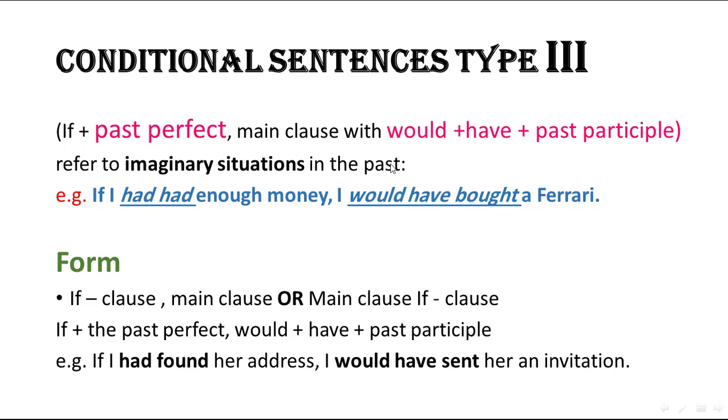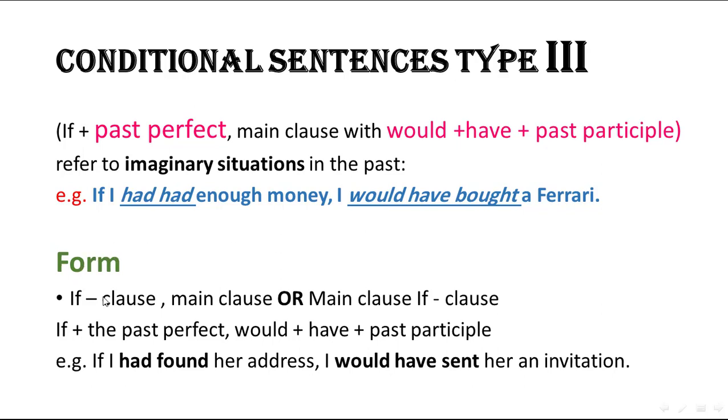The result clause in this type would contain would, have, past participle. This type refers also to imaginary situations, but in the past, not the present. For example, if I had had enough money, I would have bought a Ferrari.